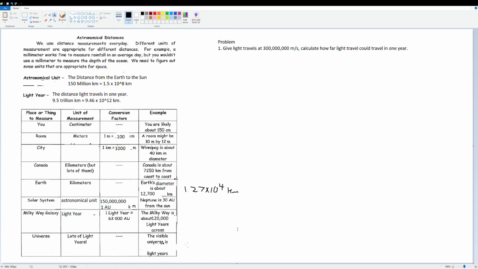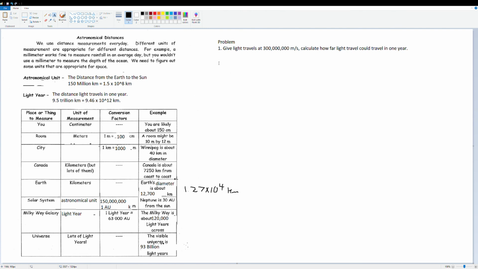There's other stuff in there, clusters and superclusters, but we're not worried about that. So the visible universe is a pretty staggering number: we know it is 93 billion light years across. So a fairly large number.